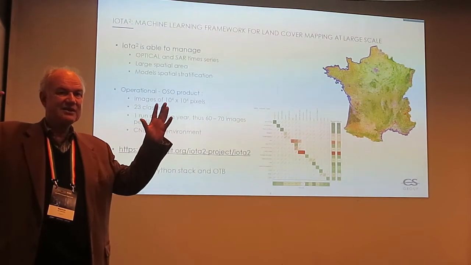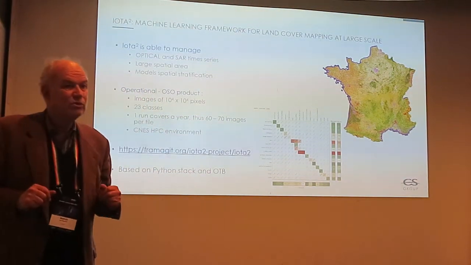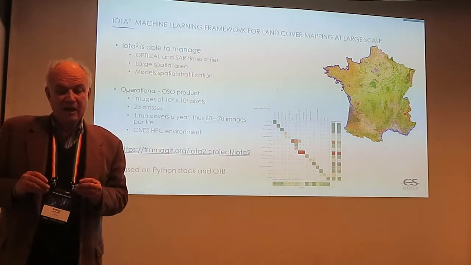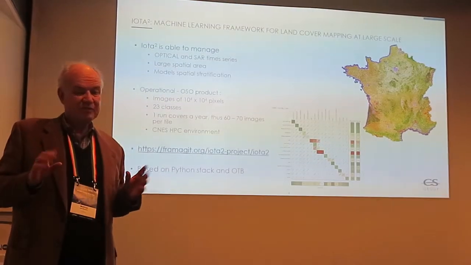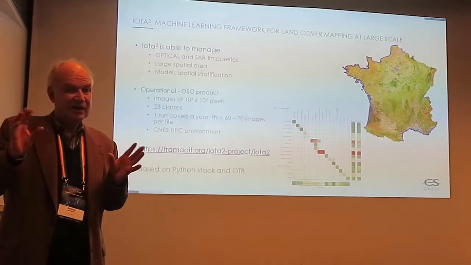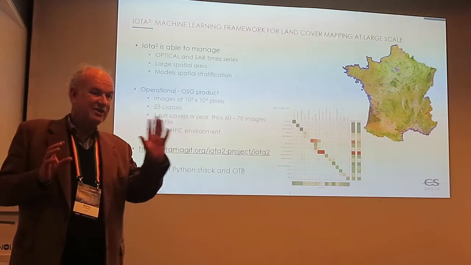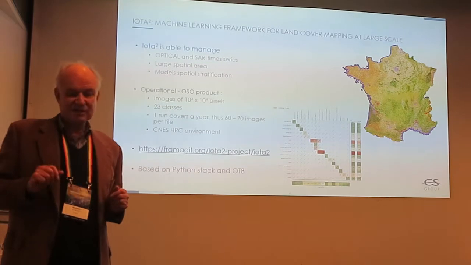And IOTA 2 manages optical data. This is satellite images from the Copernicus satellites in the Sentinel-2 project, and covers a large spatial area, typically a country. Spatial stratification can make the differences between a field in one part of the country and a field in another part of the country. They have different characteristics.